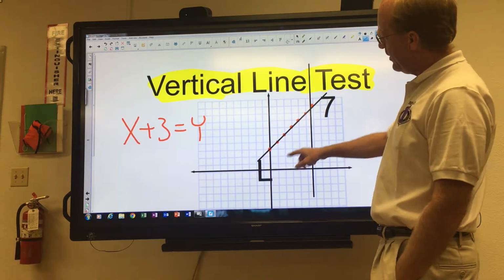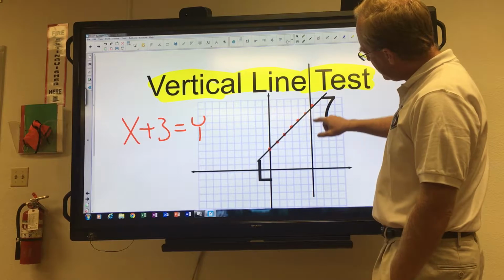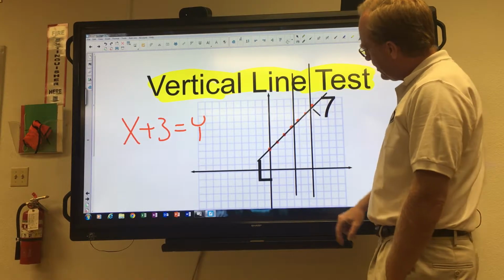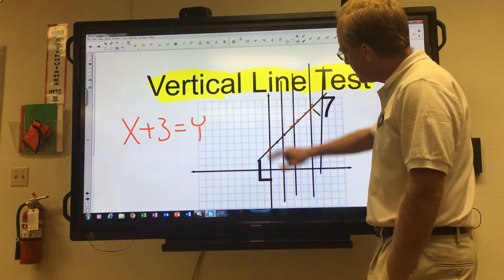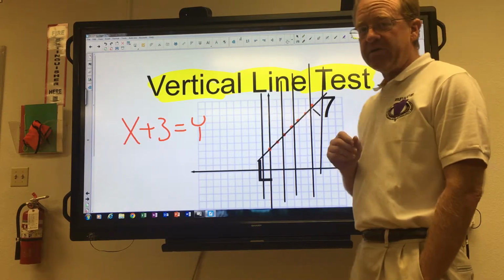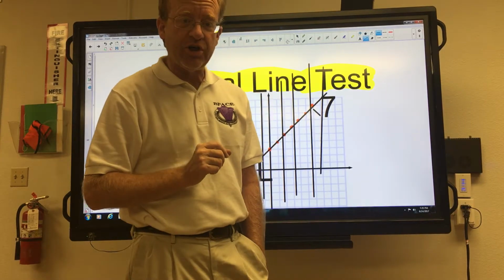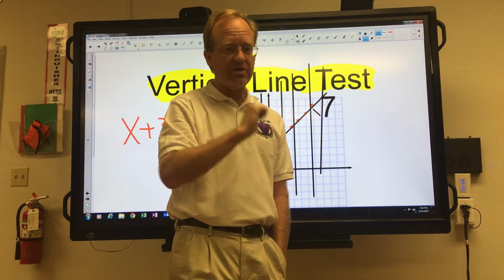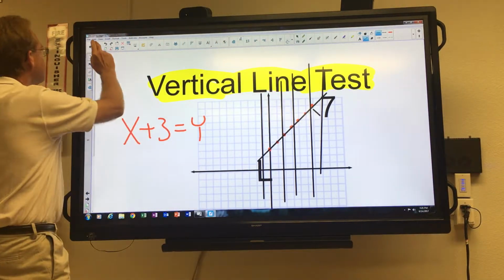When you put a vertical line across that graph, it only hits it once, only hits it once, only hits it once. So an easy way, if you have a graph in front of you, to tell if that is a function is just to put your hand like this, and if it only crosses the graph once, it's a function. Let me show you one that's not a function.